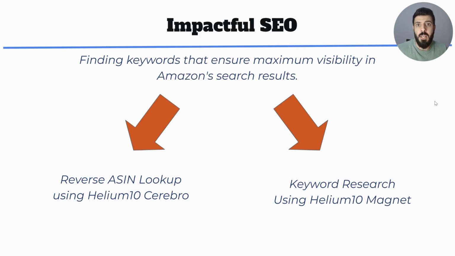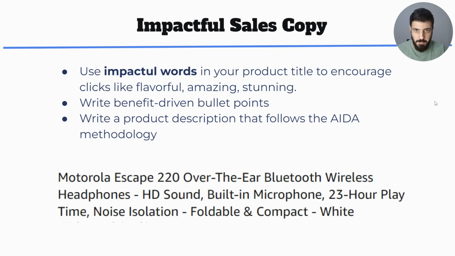The second method is using Magnet, another tool in which you just add a seed keyword, and from the seed keyword you can source other keywords. We don't use this method often, but it's more used for unique products, because you need to find very specific keywords related to the actual product or to the search terms that people might use to find the product they're looking for.